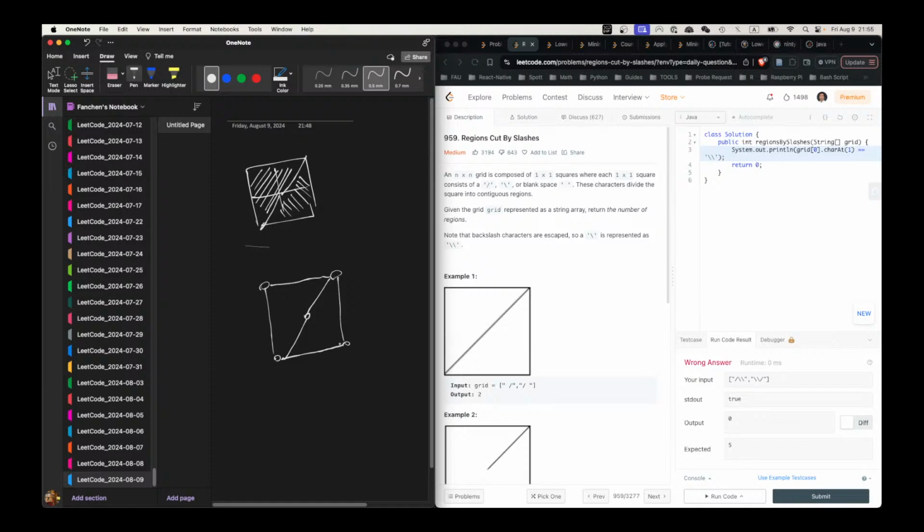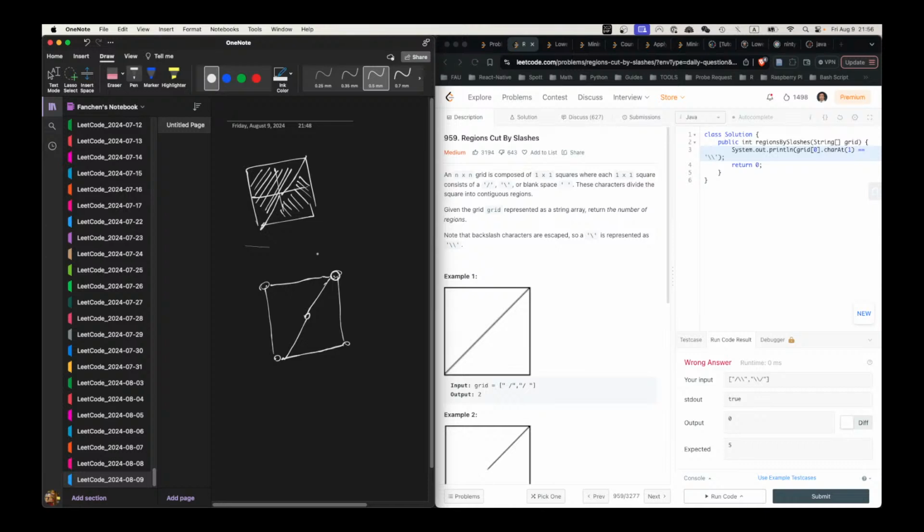And then we're asking how many regions, which is equivalent to asking, if you start from a node, how many cliques, how many cycles can you get? How many unique cycles?